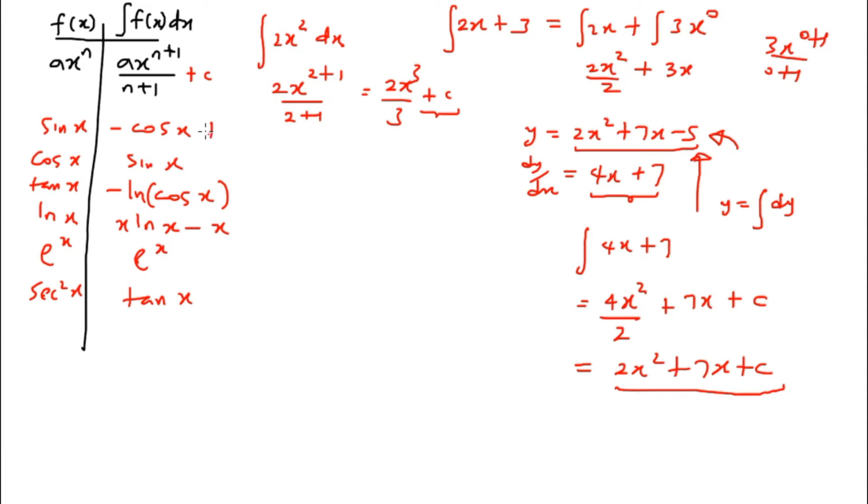So don't forget plus c right here. If I integrate other functions such as sec x tan x, I will have sec x. I know that for sure because if I differentiate sec x, I normally have sec x tan x.